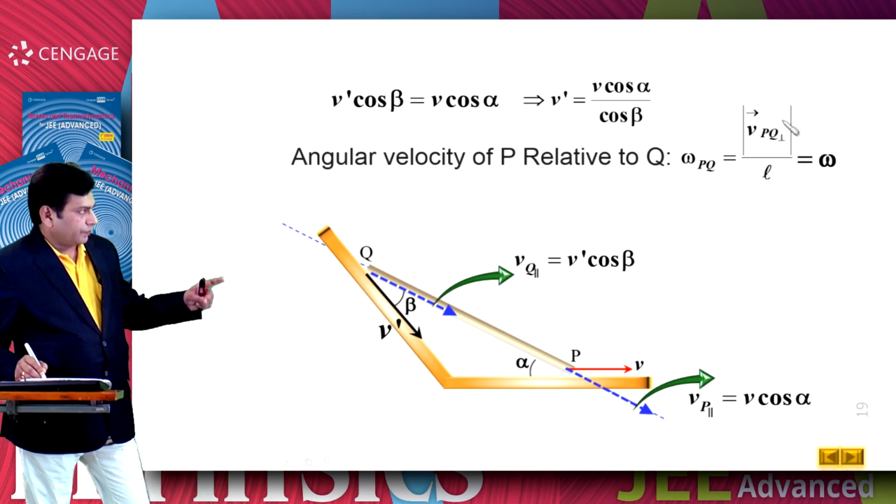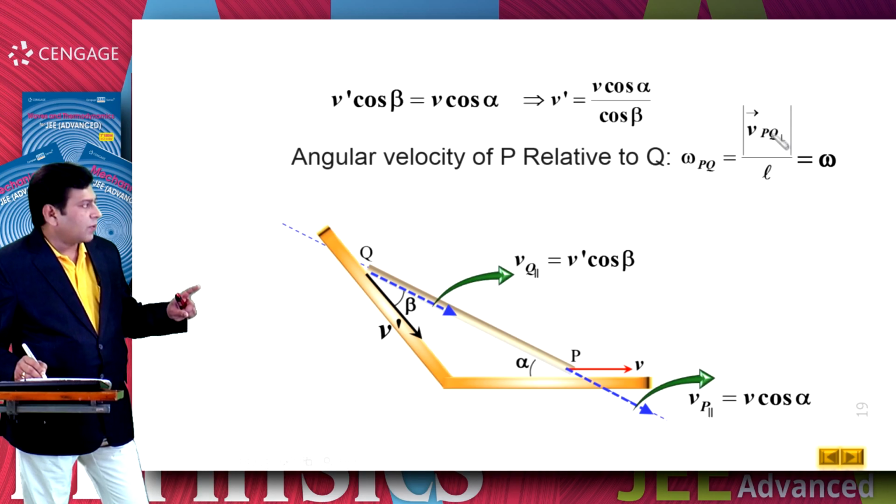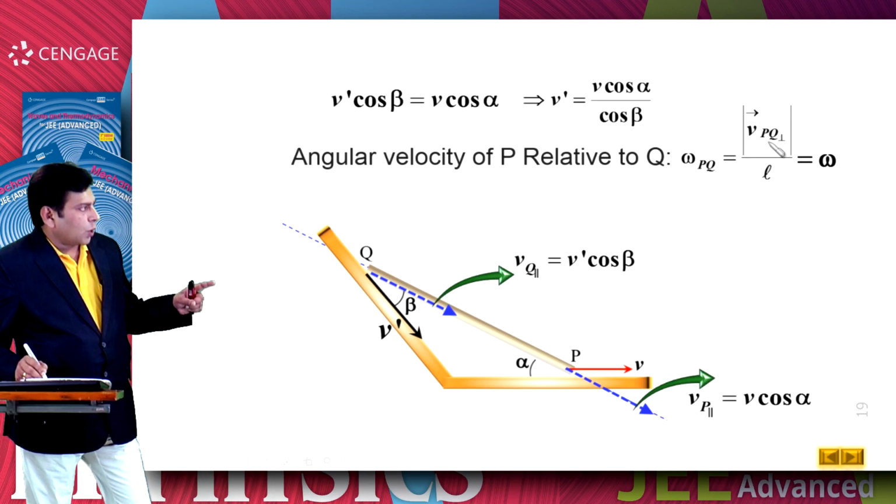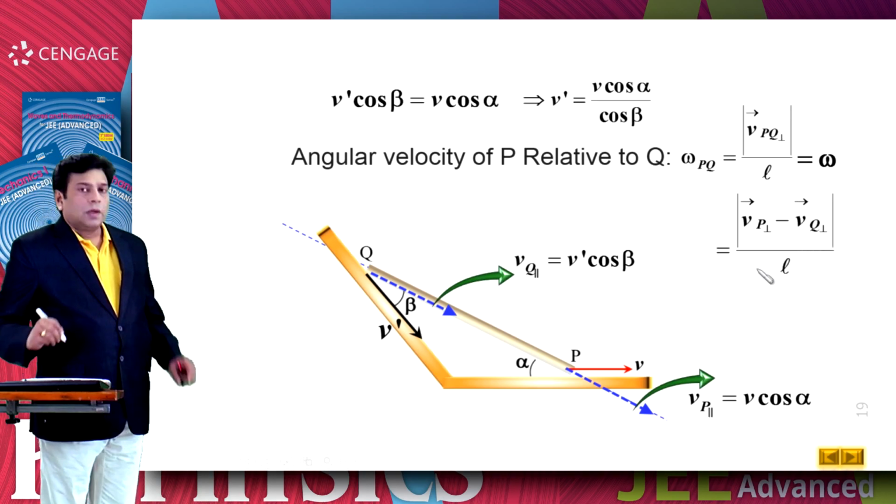And this expression, that is the relative velocity of P with respect to Q in the perpendicular component form, we can write as Vp perpendicular minus Vq perpendicular overall divided by L. Correct?